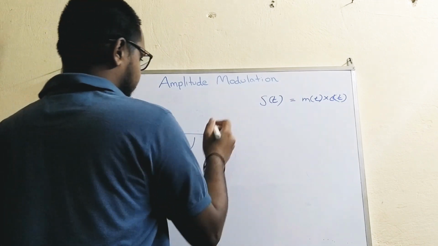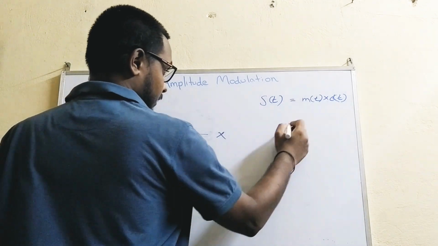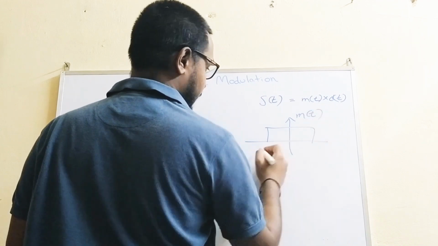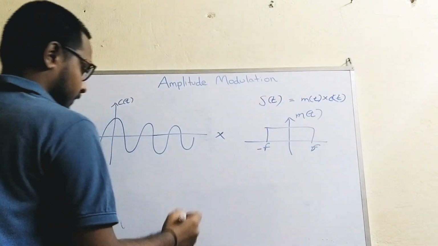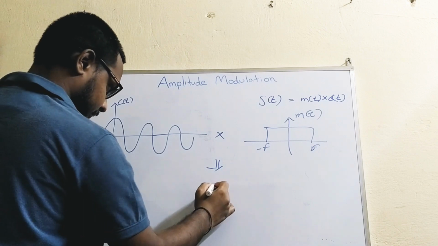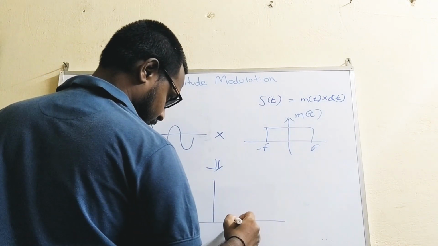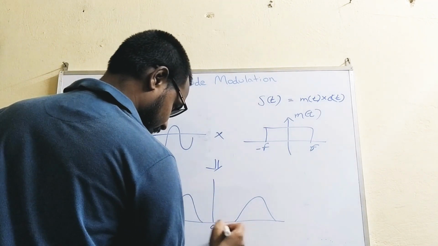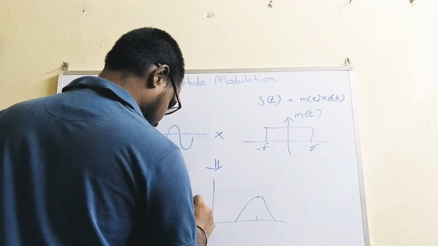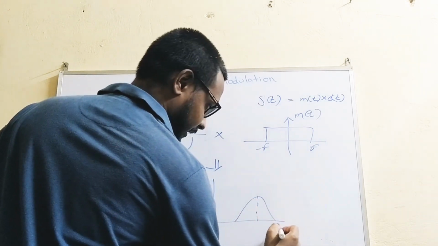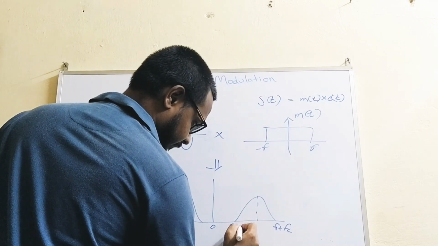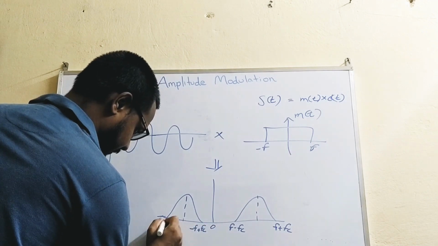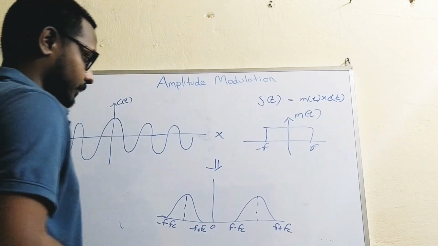This is our c(t), and after merging, this is our m(t) from minus F to F. What we get is this: this is F plus fc, this is F minus fc, this is minus F plus fc, this is minus F minus fc.